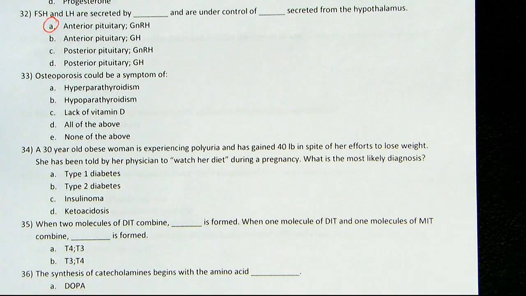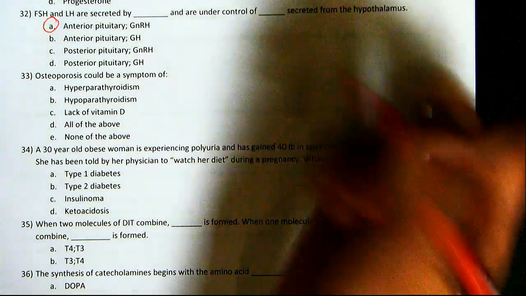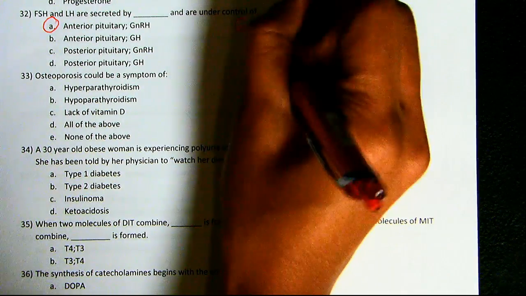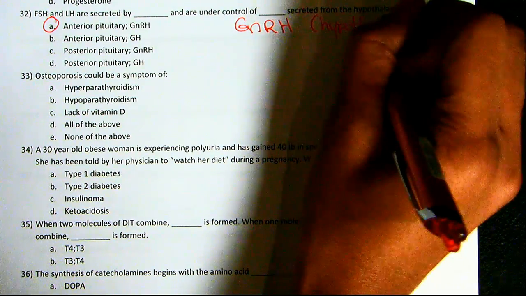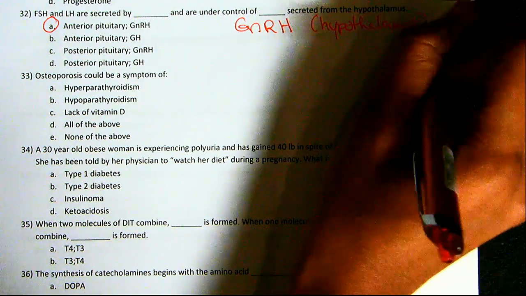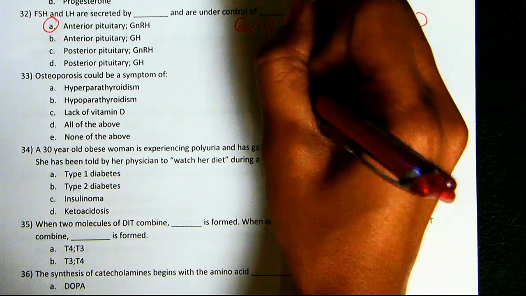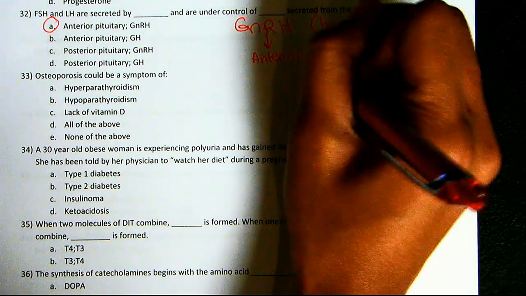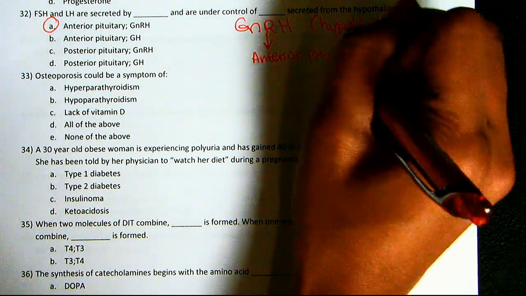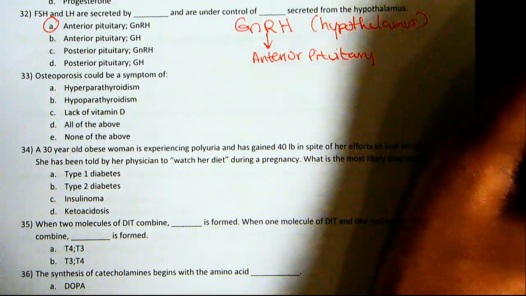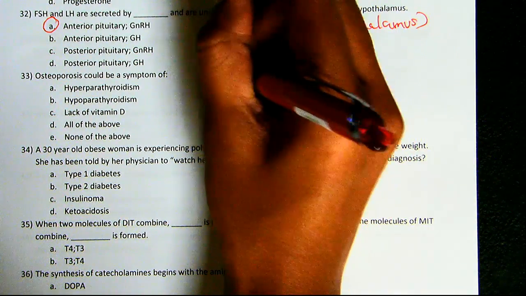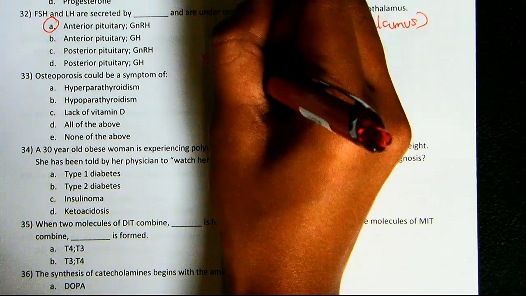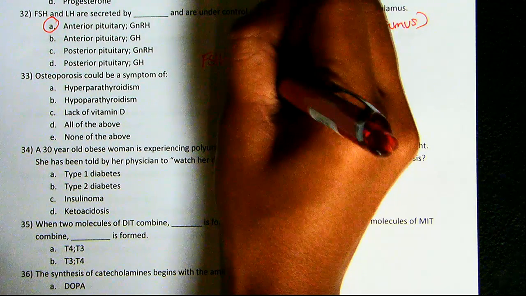Right? We have stimulating hormones that are coming from the anterior pituitary gland. Think about it.